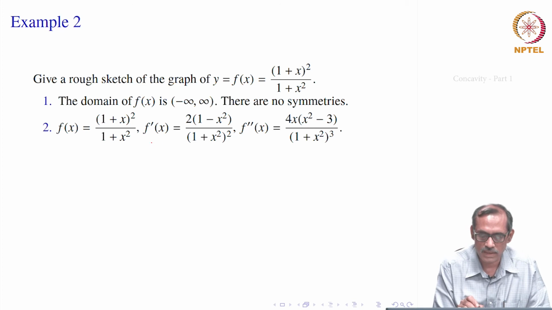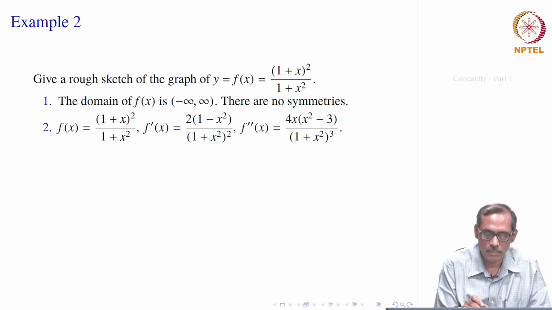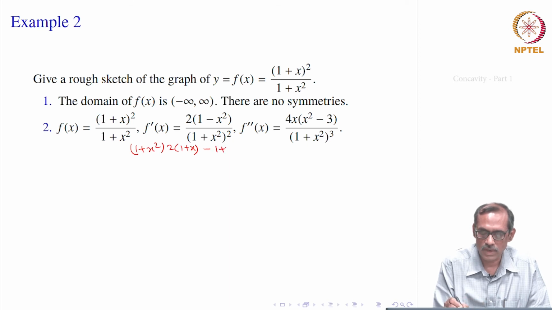If you look at the derivatives, it will be 1 plus x whole square divided by 1 plus x square. So, it will give you 1 plus x square times derivative of 1 plus x, which is 2 into 1 plus x, and then minus derivative. So, 1 plus x whole square into derivative of 1 plus x square, which is 2x, and this divided by 1 plus x square whole square.